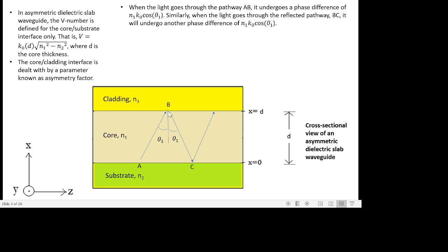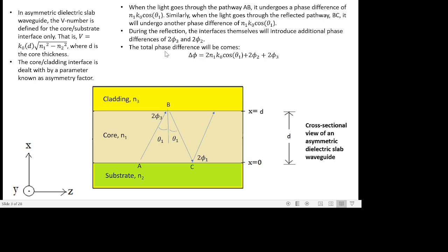And on the other hand, when the light hits the upper interface, it will undergo another phase change. 2V3 and 2V2, right? I got it wrong here. It should be V2.